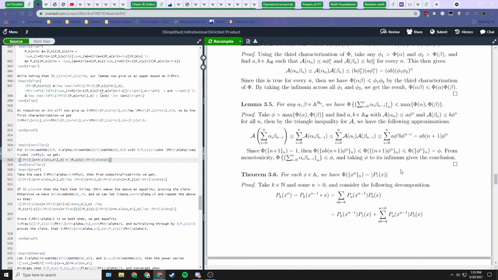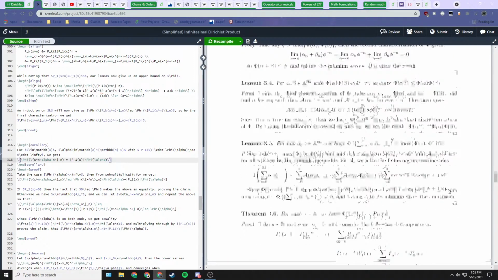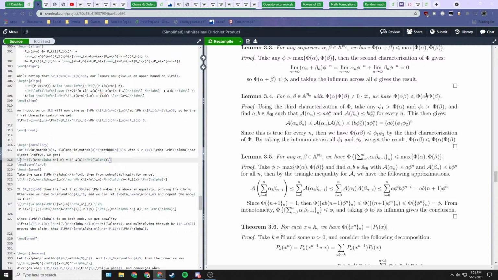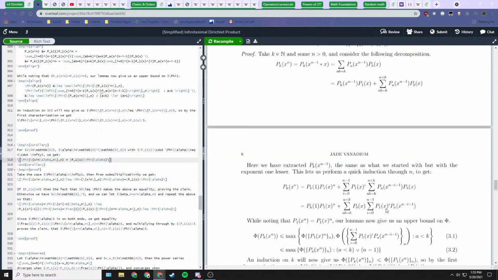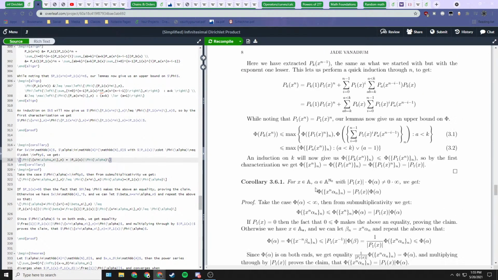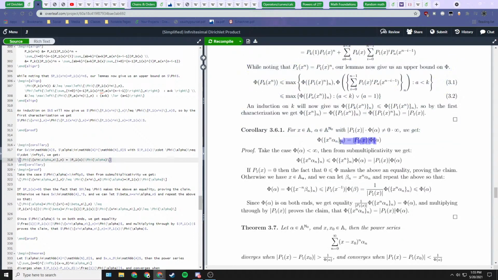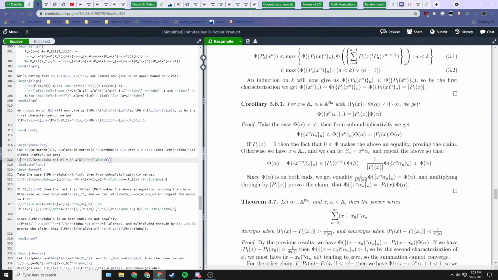So we've added that condition up here on this sub-multiplicativity condition. We've just said if this is not in indeterminate form, then we get this. And by adding that condition down here as well, we'll also get this condition.